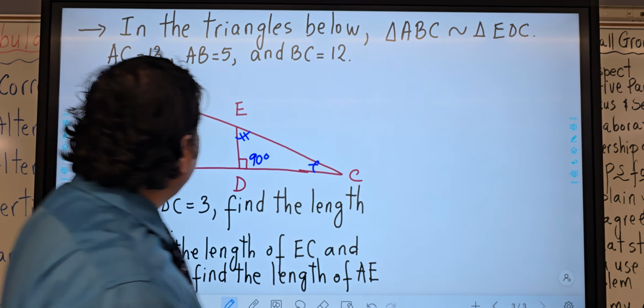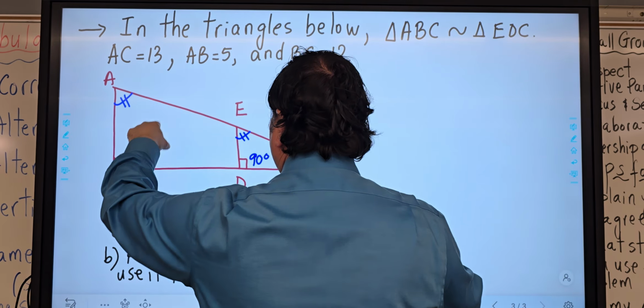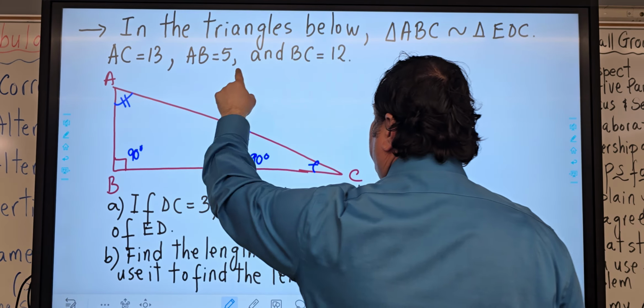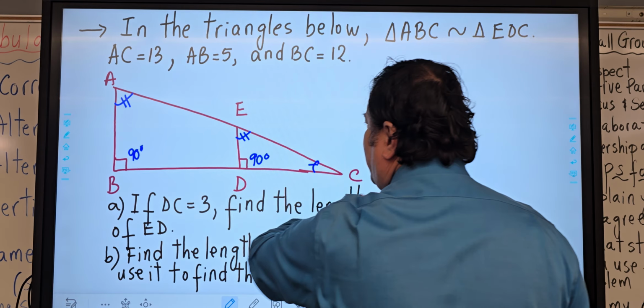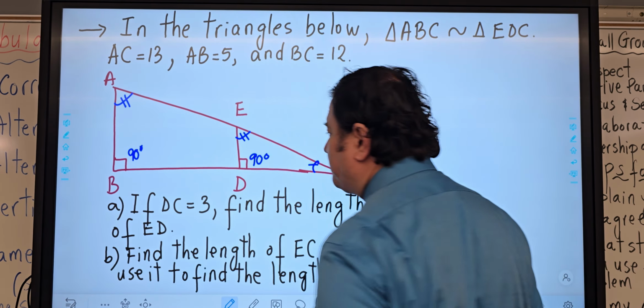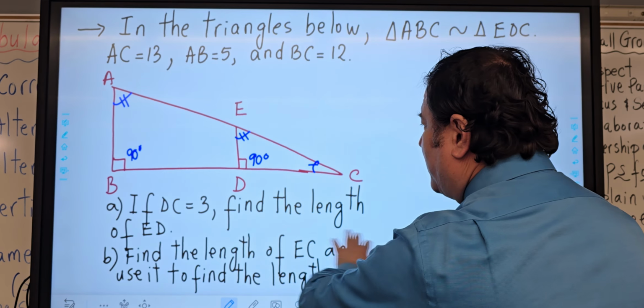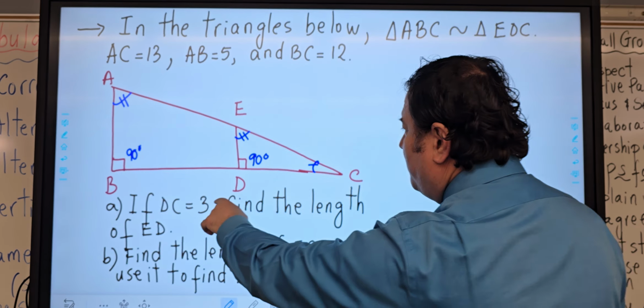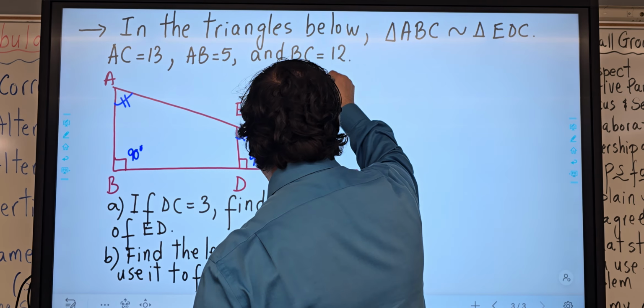Now they're giving us some information here. AC, the entire AC, equals 13. AB equals 5, and BC equals 12. It says, if DC equals 3, find the length of ED. So we need to find ED.